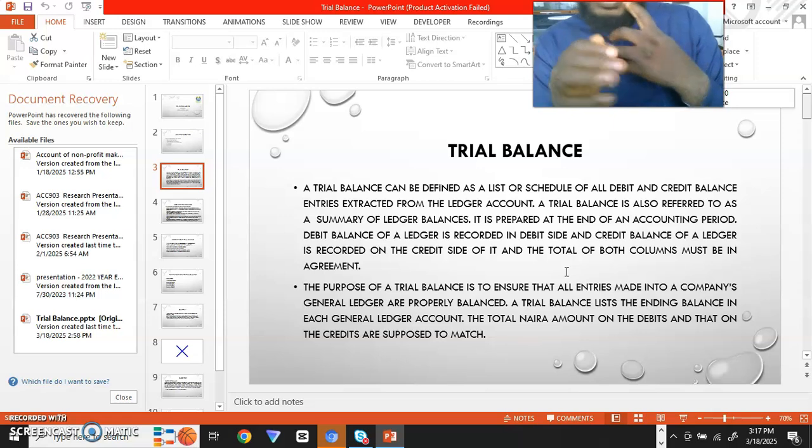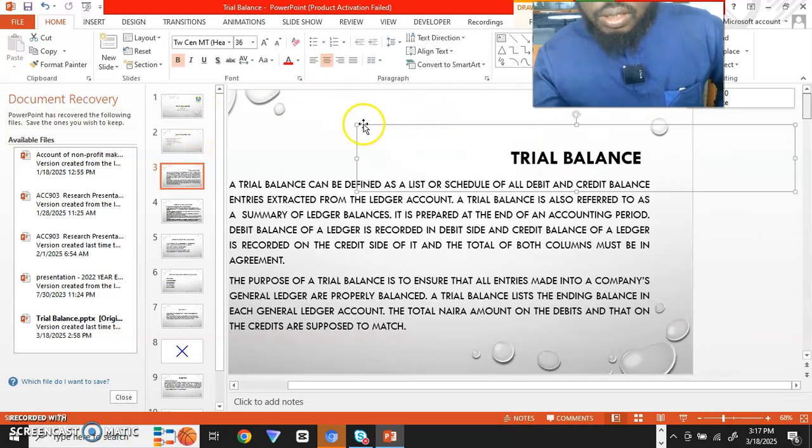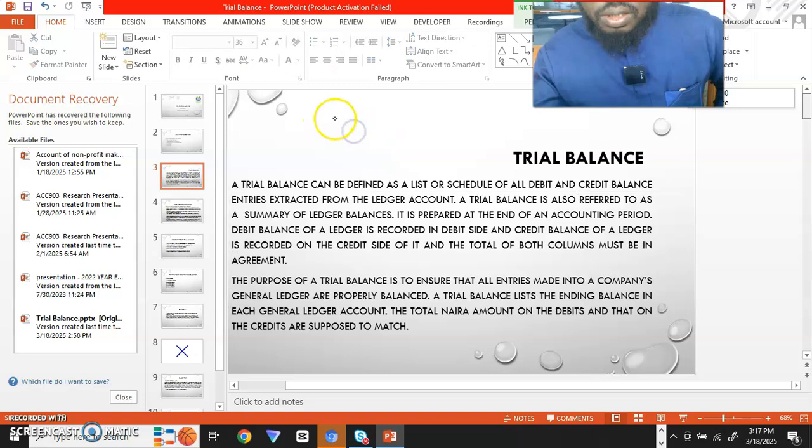Like I mentioned, this is the trial balance, so let me just mark this.